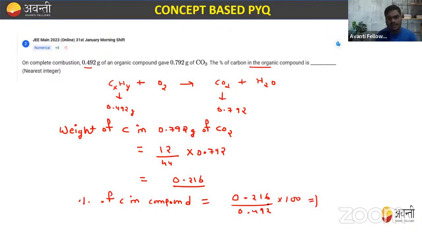So on solving, this will come around 43.90%, right? So the correct answer is 44, because they're asking you to calculate to the nearest integer. ठीक है? So nearest integer कितना आ गया? That is equal to 44. Done?